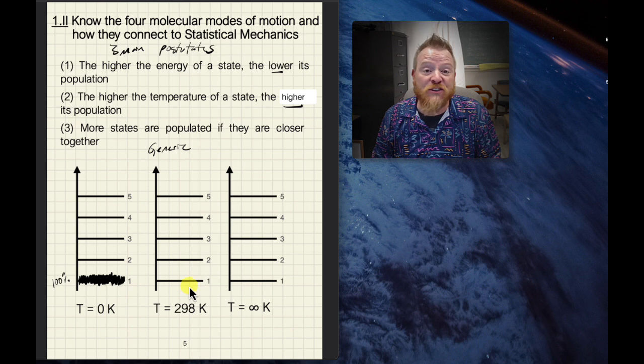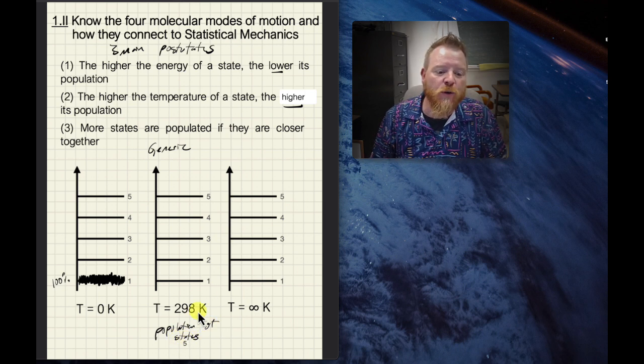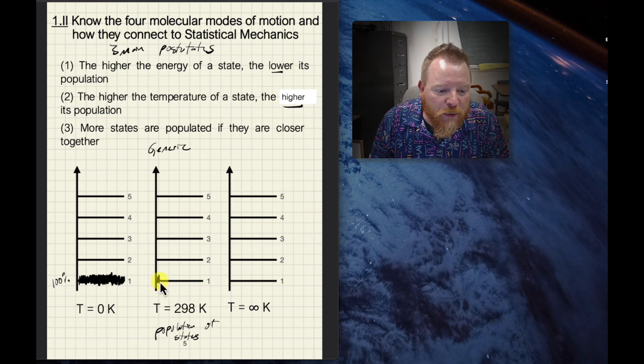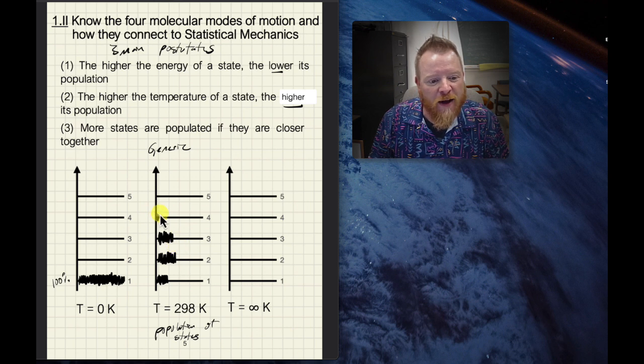If we look at 298 Kelvin, we will see a population of states. In other words, we might see some percentage in the ground state, followed by perhaps an increasing percentage in the next state, followed by maybe slightly more in the state above, followed by slightly less and even less.